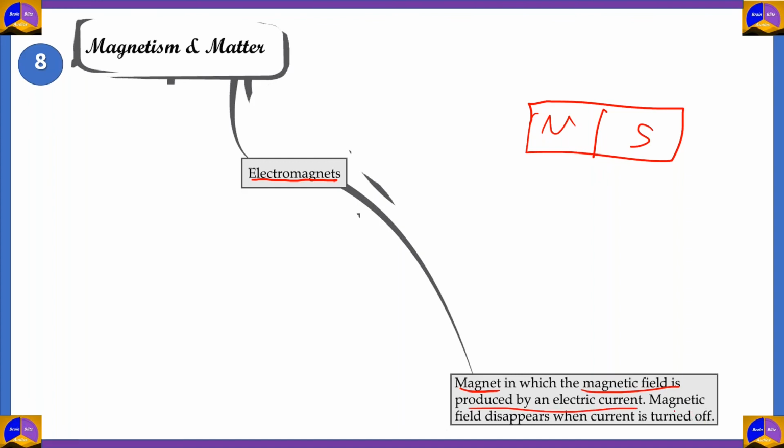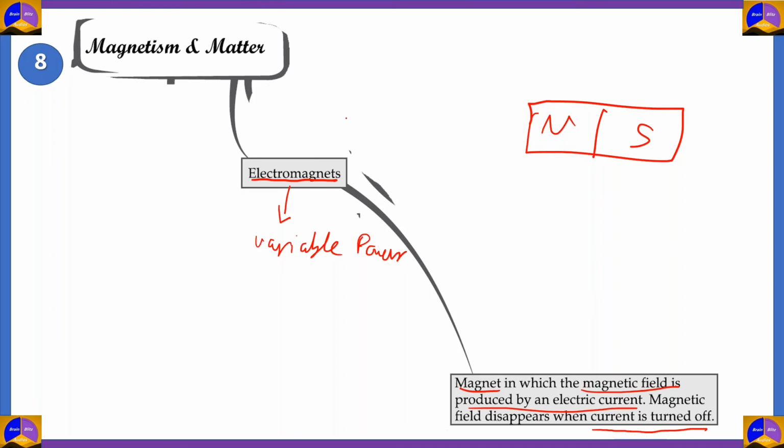This magnetic field disappears when the current that produces it is turned off. Because of these phenomena, electromagnets have variable power. As you increase the strength of the current, the electromagnet becomes stronger, and as you decrease the current, the electromagnet becomes weaker.